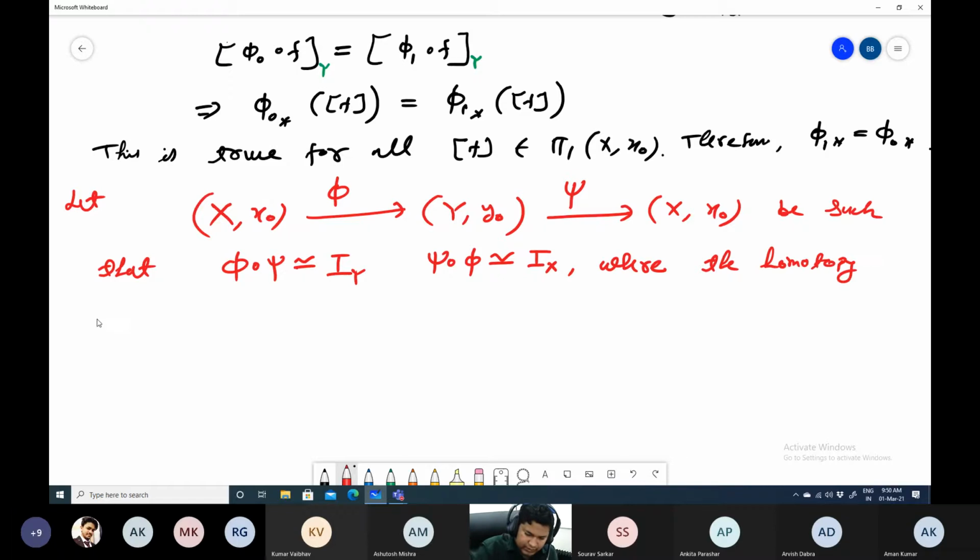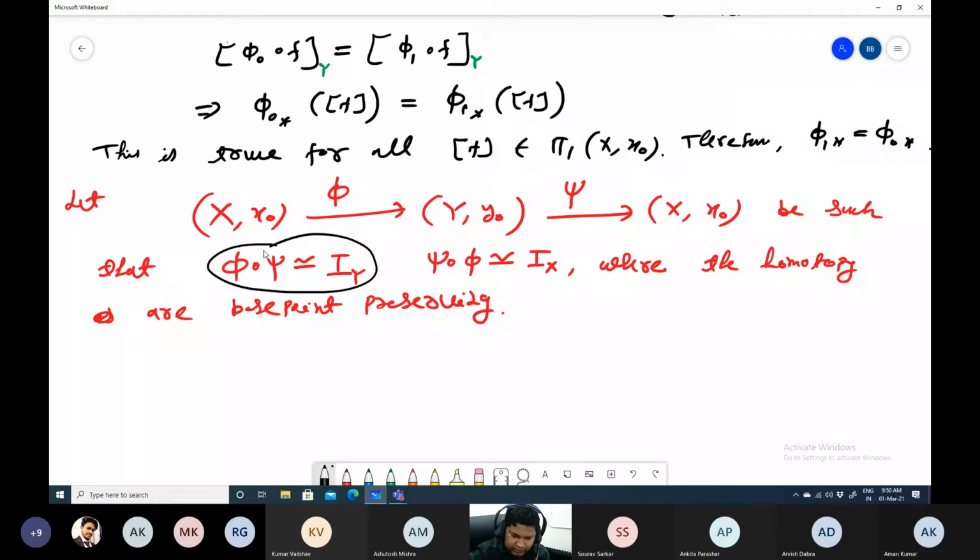The homotopy is base point preserving. Okay, so that means whenever we have this homotopy, a map homotopy, during this homotopy your x0 should always go to x0.